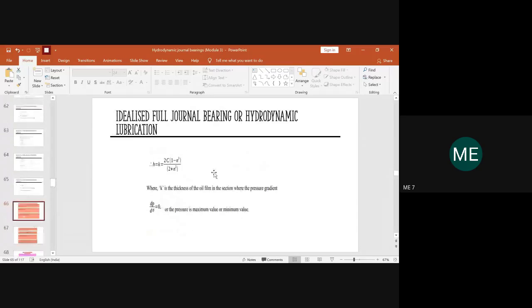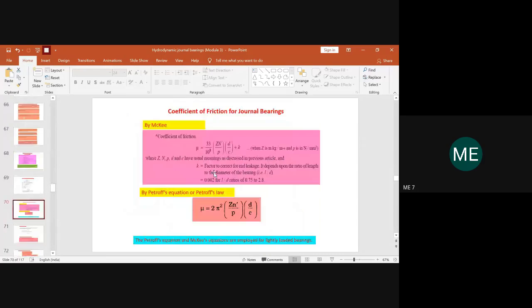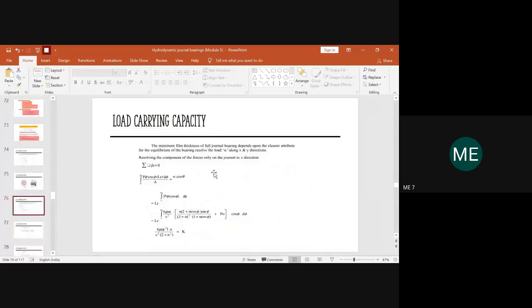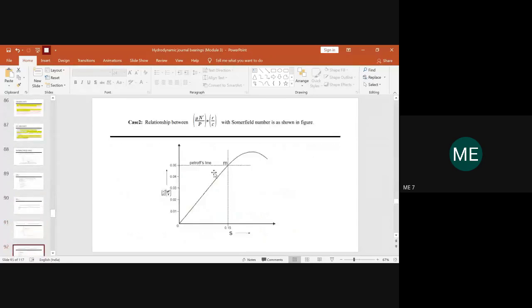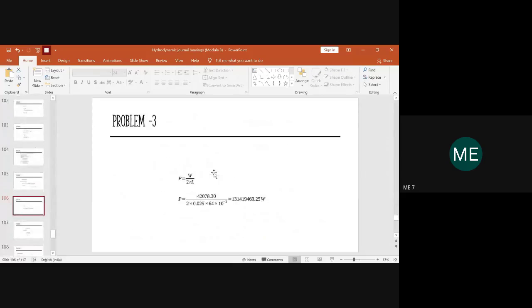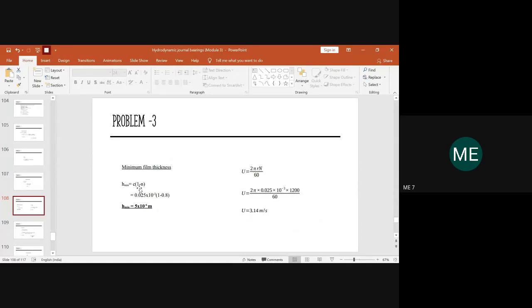So we usually use the simplest equation based on the available data. As per the available data, here we are using h minimum is equal to C into (1 minus n). Here the small c stands for radial clearance, or else you can write it as C suffix R. The value of the radial clearance is given as 0.025 mm, I'm sorry.